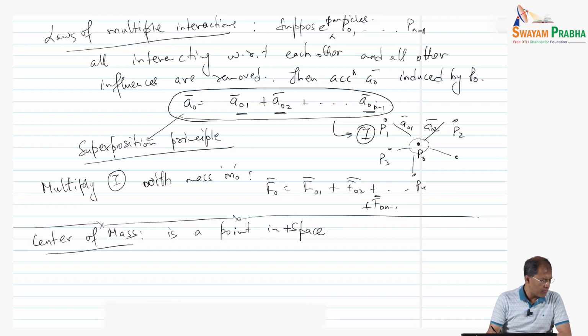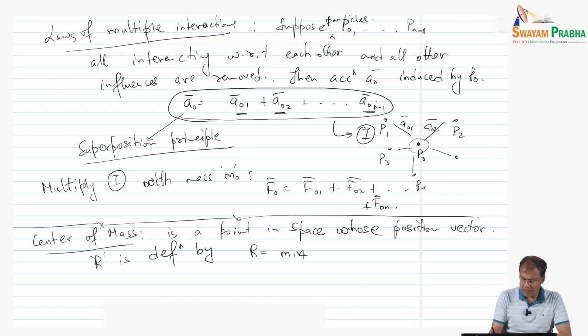a point whose position vector r is defined by r given by m1 r1 plus m2 r2 plus up to mn rn, divided by m1 plus up to mn.